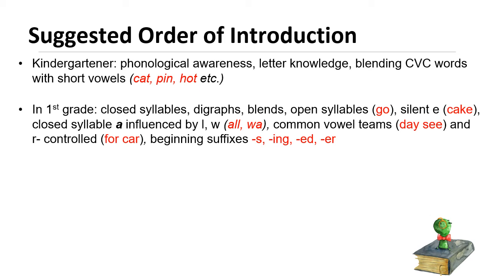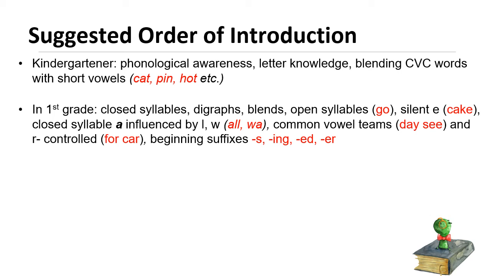We also have some words where the A makes a different sound. A can be influenced by the letter L and create that aw sound, such as all. And then A can also be influenced by W and make an ah sound, like in the word want or swan. Students will also be learning about some common vowel teams, long vowel teams, and even some diphthongs in words that are high frequency words, such as day or see.